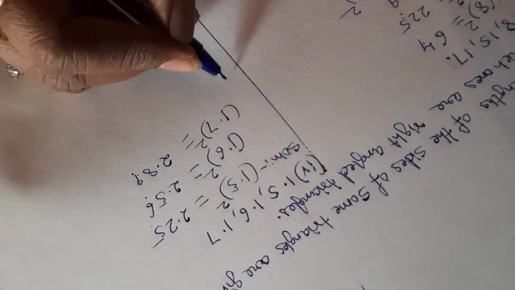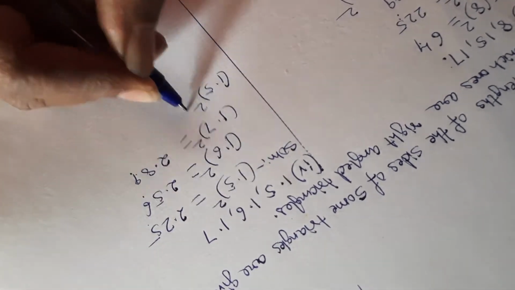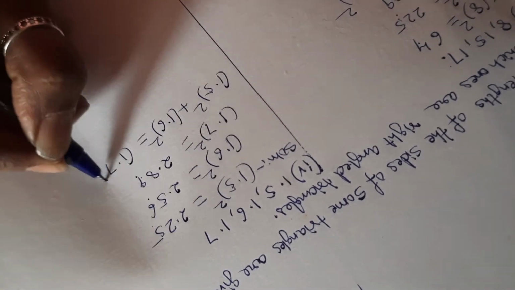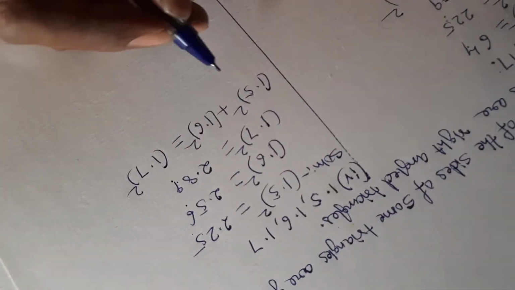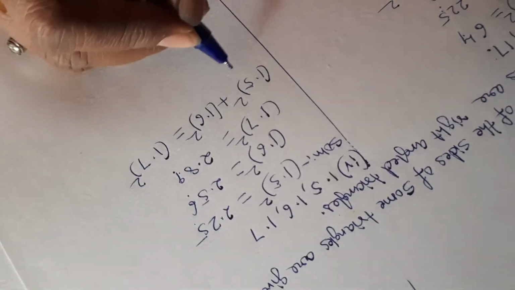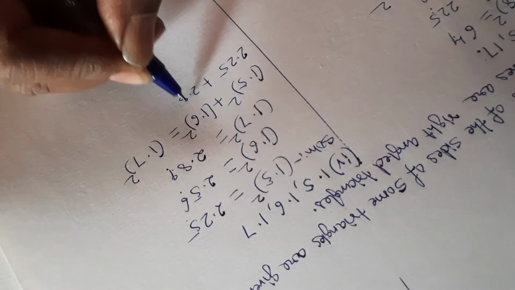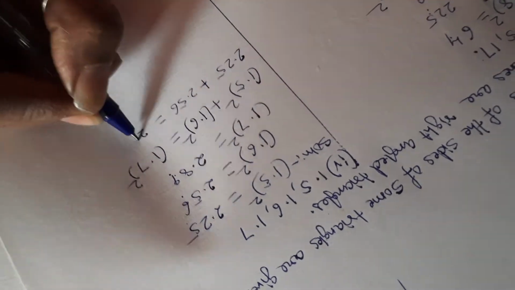So let us check out. 1.5 square plus 1.6 square is equal to 1.7 square. We are finding out whether it is. So substitute 2.25 plus 2.56 is equal to 2.89.